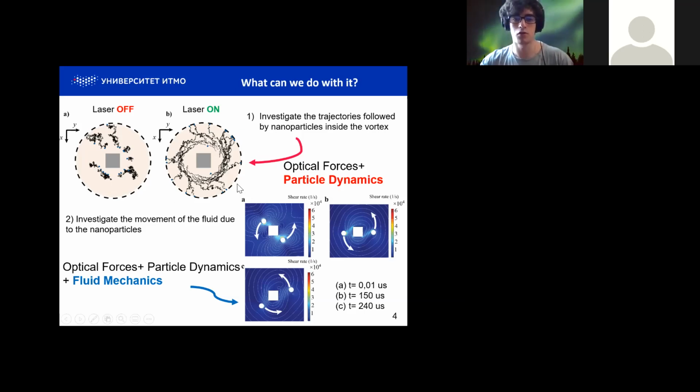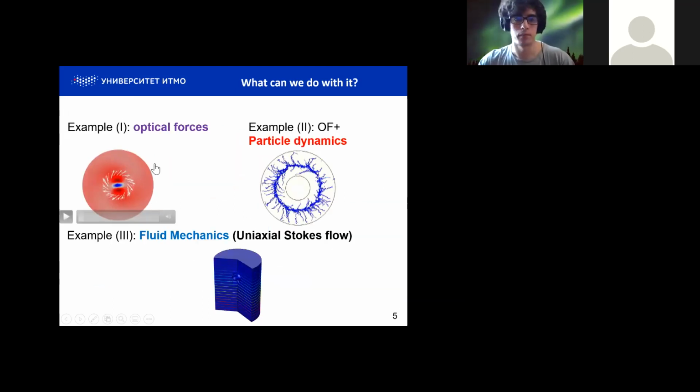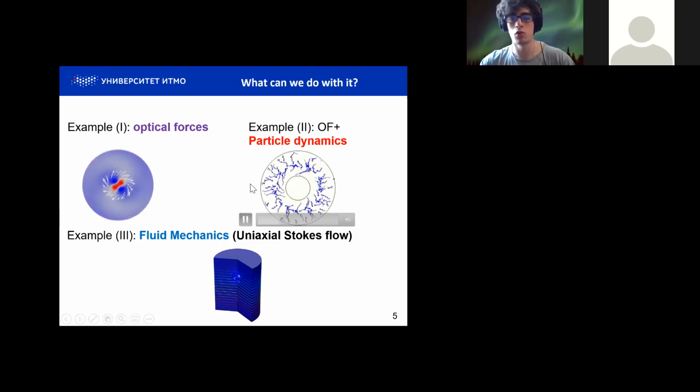So as you see, it's like building a puzzle. We start with optics, and then we add pieces step by step, which are simply adding equations and boundary conditions to the problem. So the first example, how to calculate our structure. In the second example, we will also make a simple model.